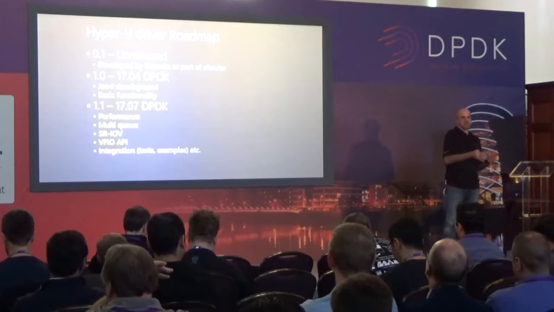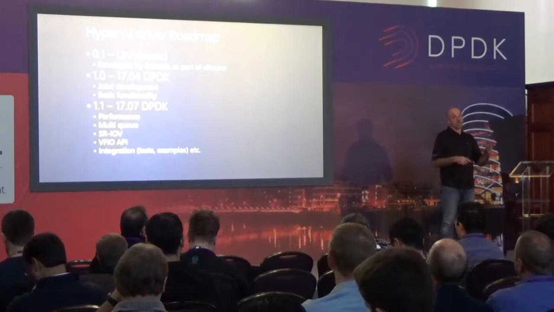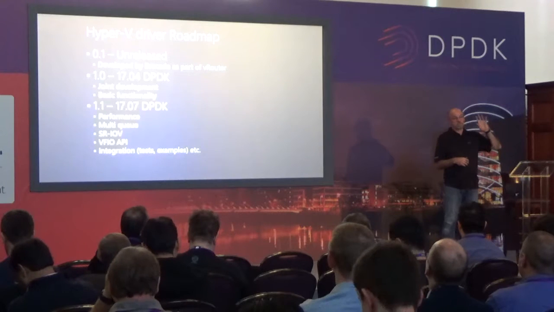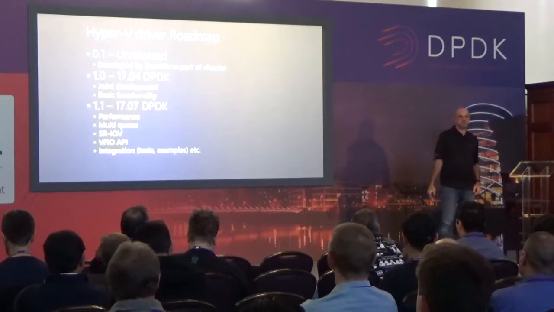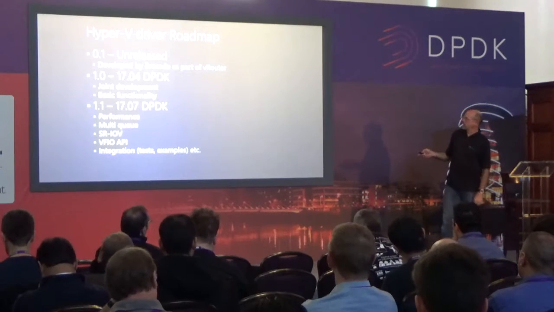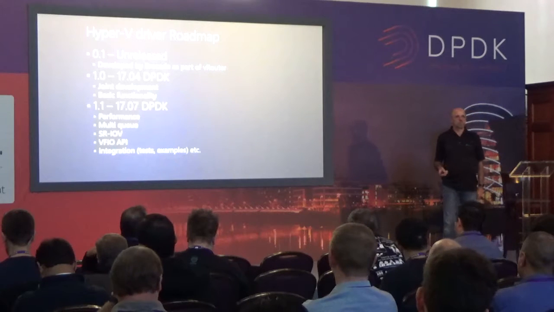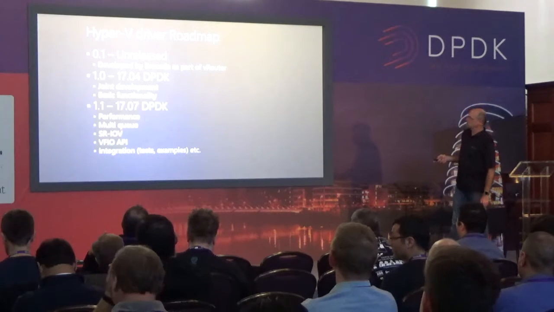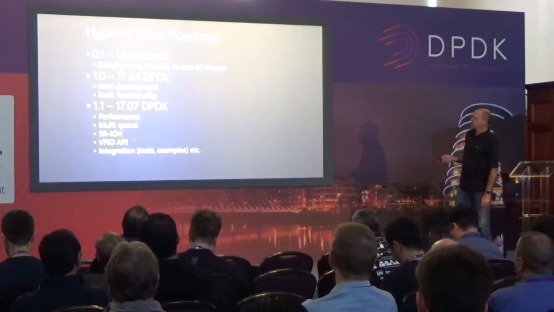Just get down to the core functionality, get the architecture nailed down, and get it so that people can start writing applications, and they'll work on Azure, they'll work on Hyper-V, Windows Server 2016. And then later on, go address a lot of the core performance issues. And I'll go a little bit SR-IOV.